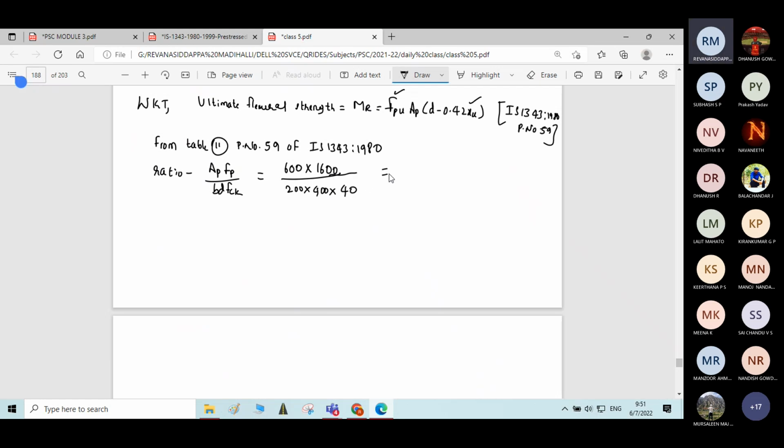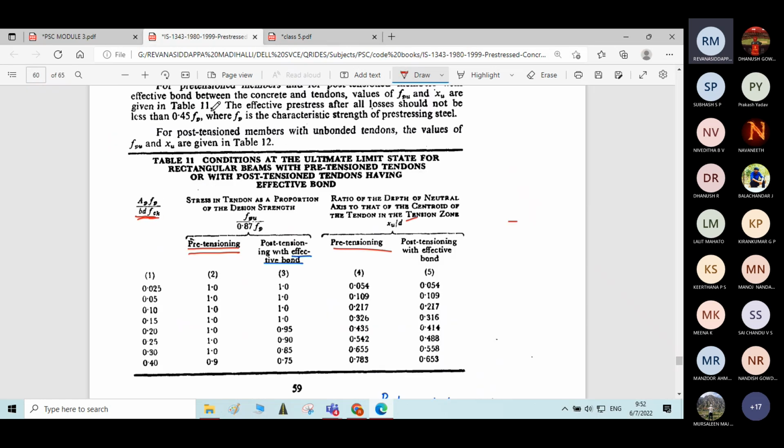Okay, so what is the answer that you get for this? Please check the answer. It is 0.3. Now we have the ratio Ap fp by b d fck, that is 0.3. Corresponding to 0.3 of Ap fp by b d fck, you need to find the value of fpu by 0.87 fp using this pre-tensioning column.